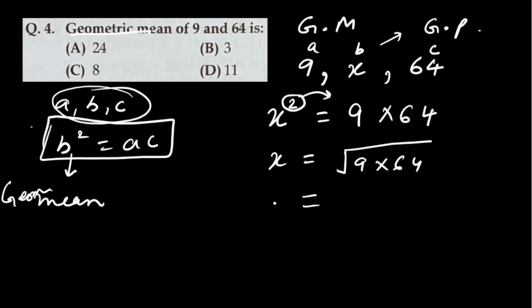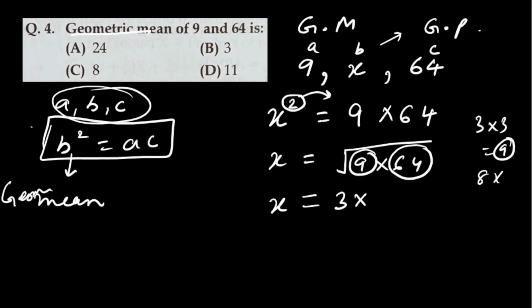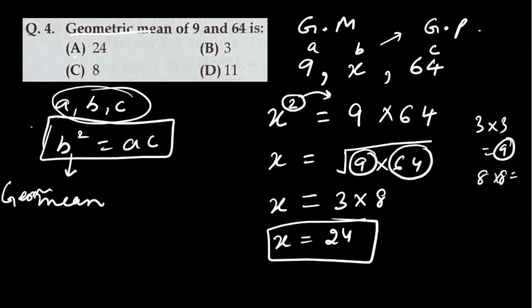The square roots we know: square root of 9 is 3, because 3 into 3 is 9, and 64 is 8 into 8, so 8. So X is equal to 3 into 8, which is 24. So option A.